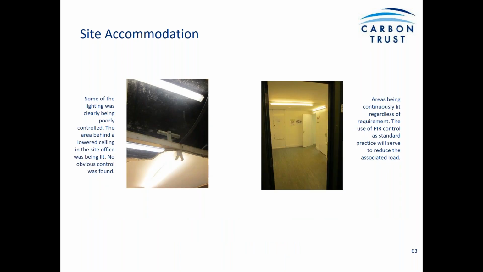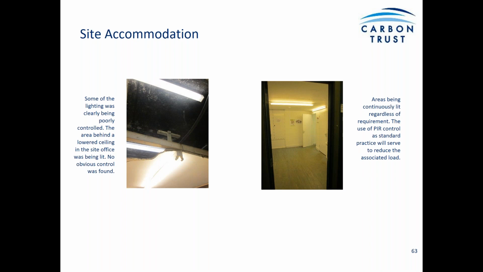And this was from a refurbishment. I think it was a large block of flats, and this was the site accommodation at the base. You can see where the old lighting in the roofing void has been covered over by the suspended ceiling.